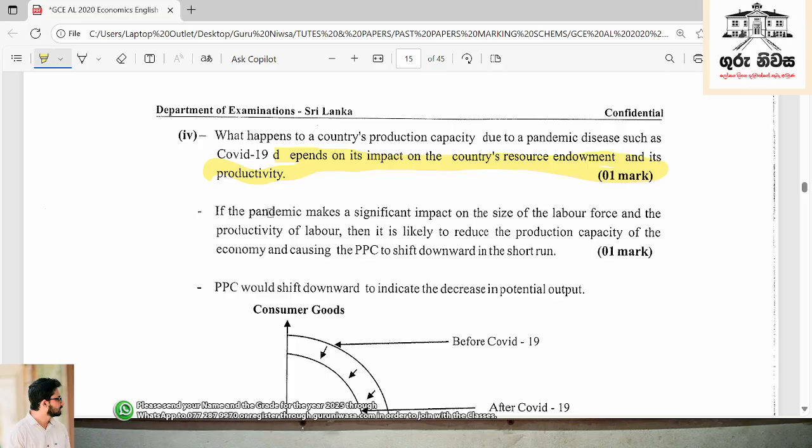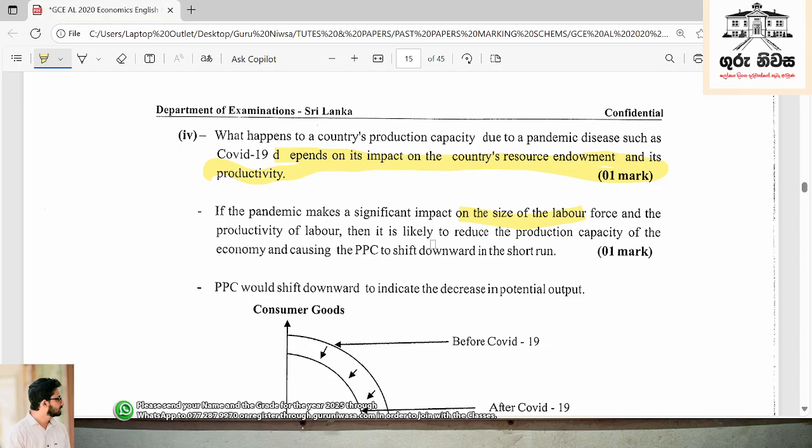Second one, if the pandemic makes a significant impact on the size of the labor force. It happened actually after the second wave of COVID-19, like after 2021. I still remember, there were so many deaths, Lamai.